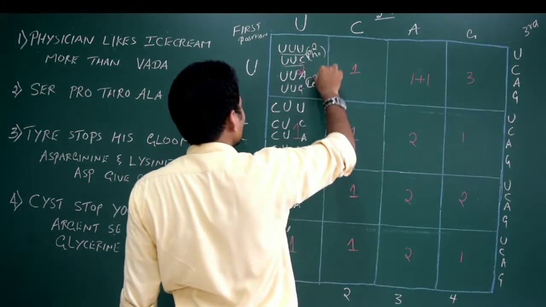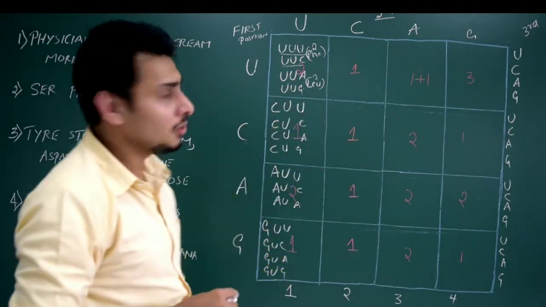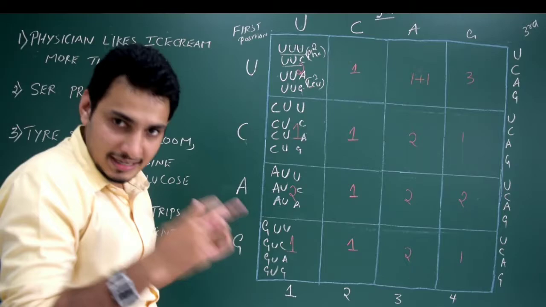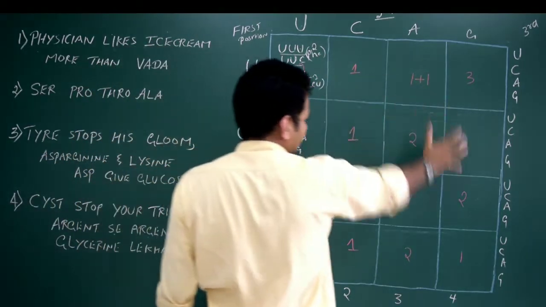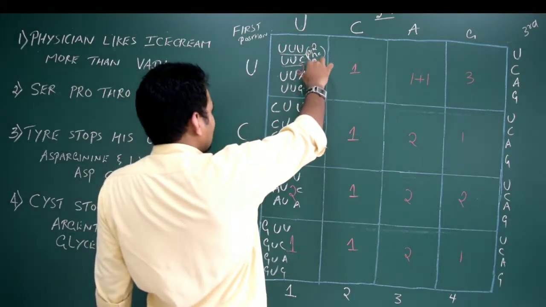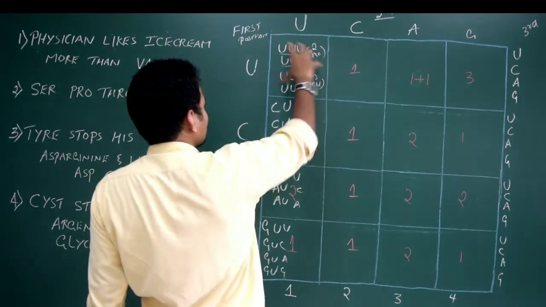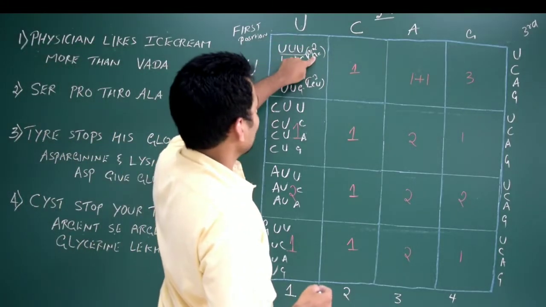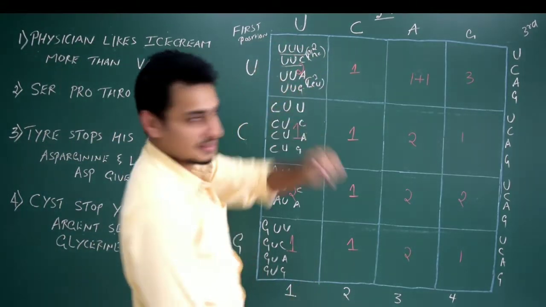And in this case also 2 leucine, because it is coded by 2 codons, UUA, UUG. So hope you are getting my point. So I am not going to explain now for the remaining boxes. Okay, so it's understood. 2 phenylalanine and 2 leucine come within the first box. Easy, right? So first 2 phenylalanine, next 2 leucine.